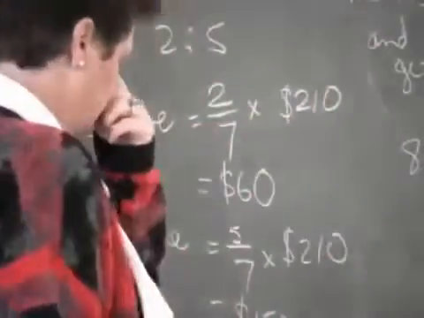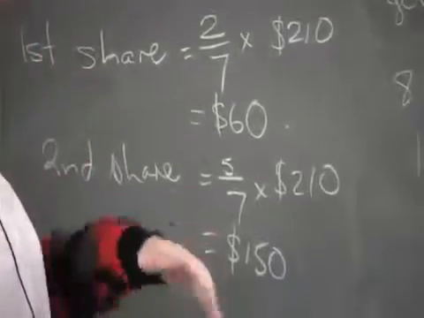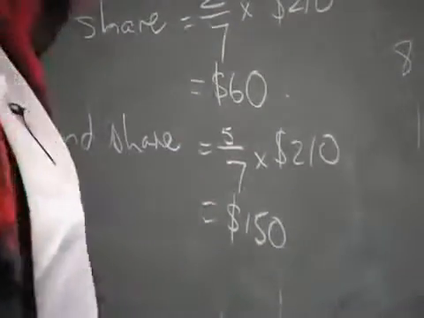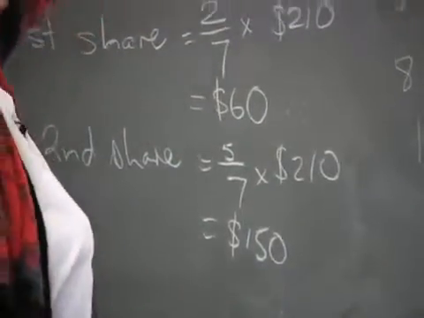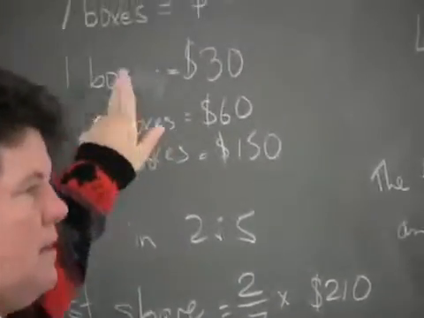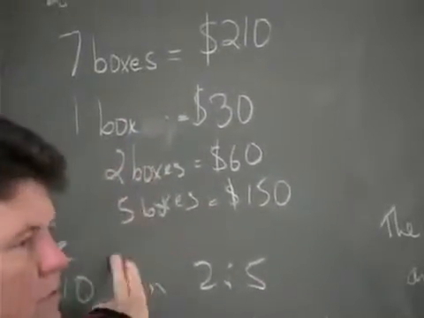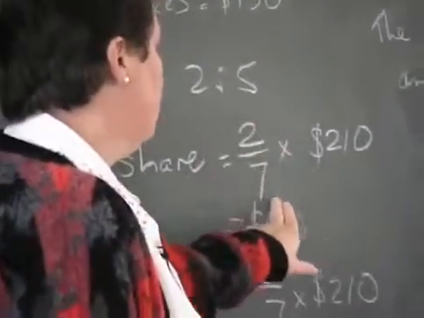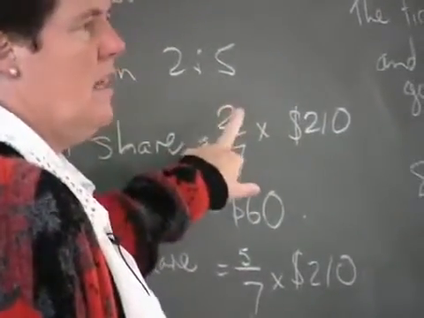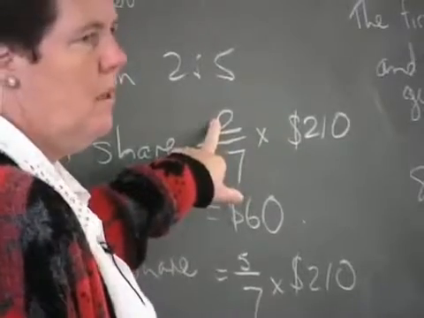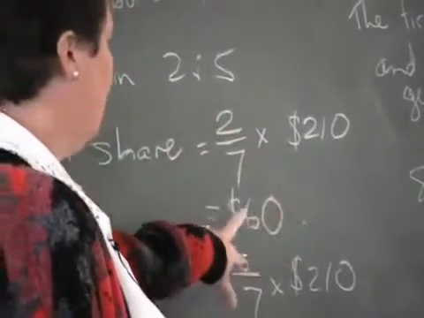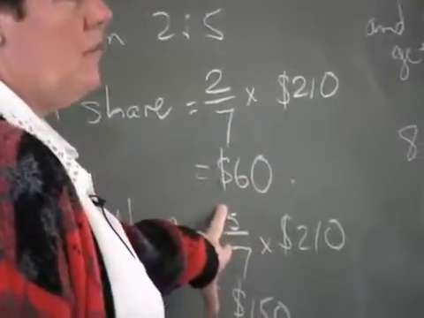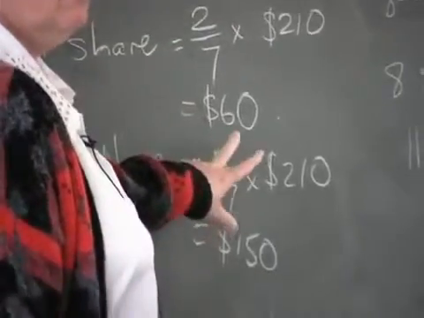So you've got two methods. You can say 7 shares is $210, work out 1 share and then 2 and 5. Or you can go straight to saying, if I have 2 shares out of 7, I must have 2/7 of the money on the left-hand side. And I must have 5/7 of the money on the right-hand side.